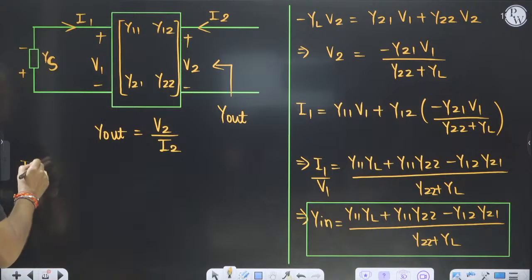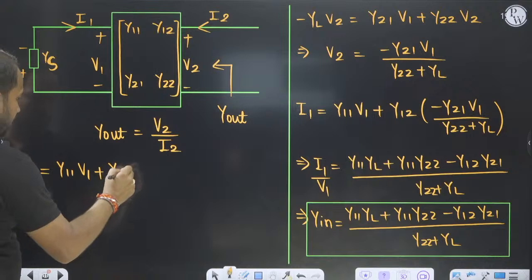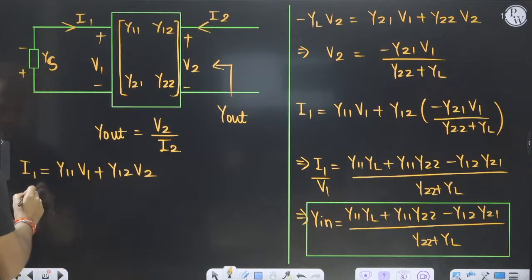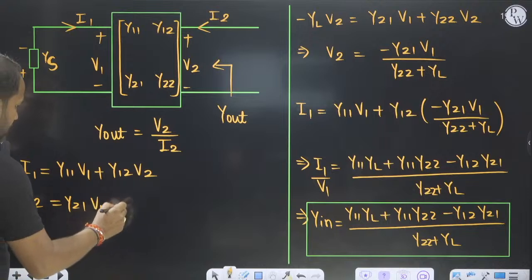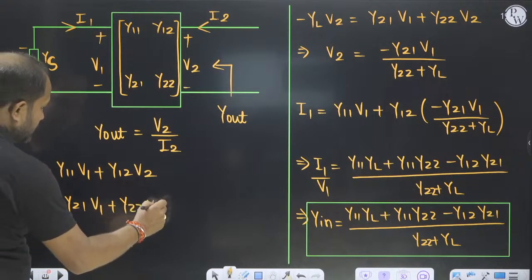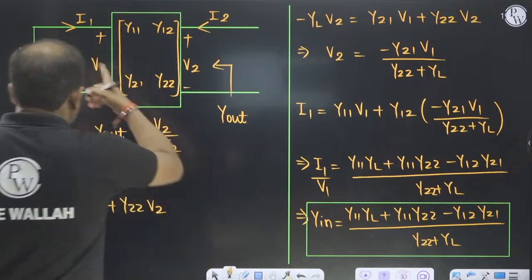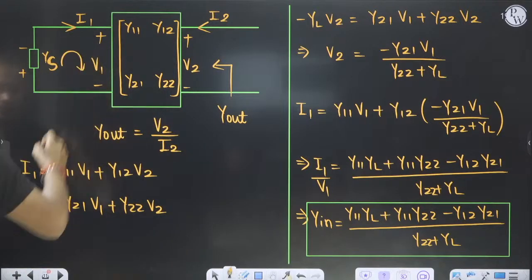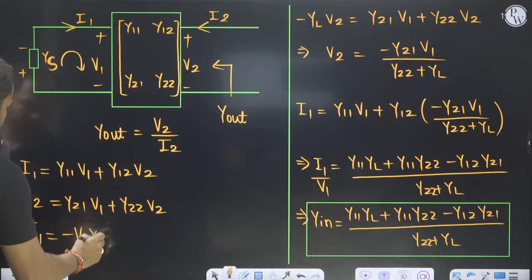First equation is I1 = Y11 V1 + Y12 V2, and I2 = Y21 V1 + Y22 V2. Then one equation is KVL: I1 is equal to minus V1 into YS.